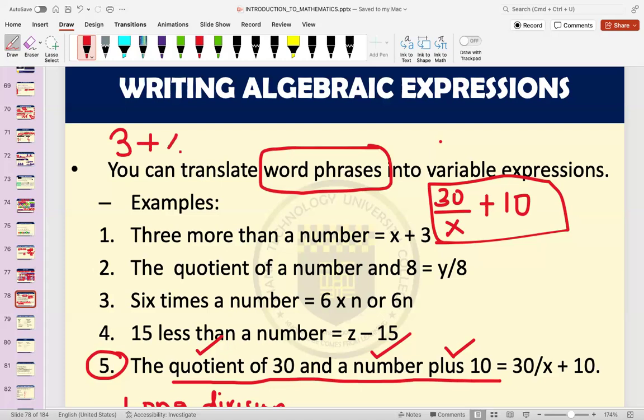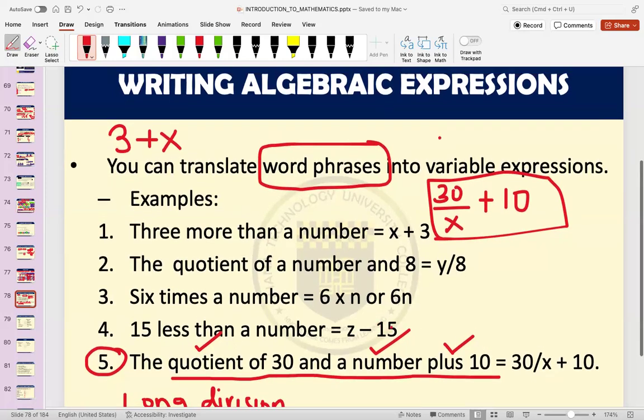You can change the position. Same applies to number 4 as well. Number 4, you can also change the position. So that one you need to be careful. 15 less means that the negative sign will have to follow 15. So in that case, you write it like this.